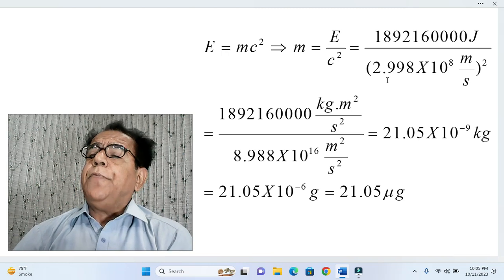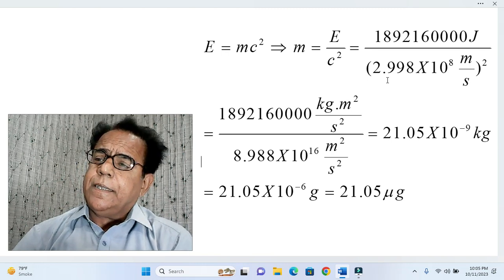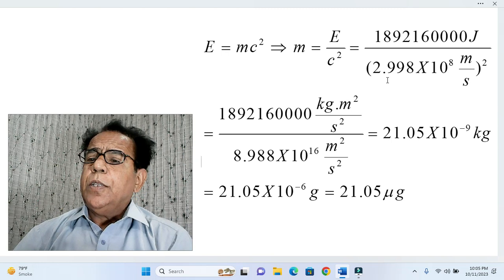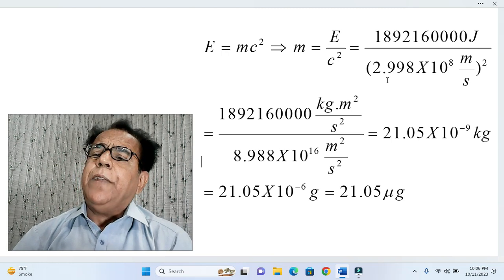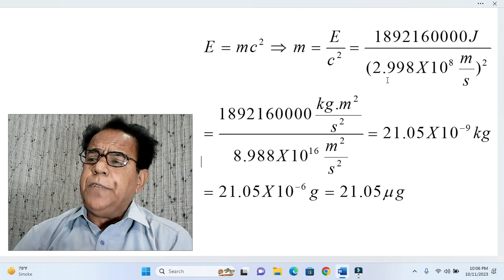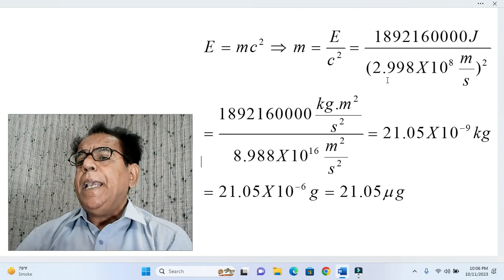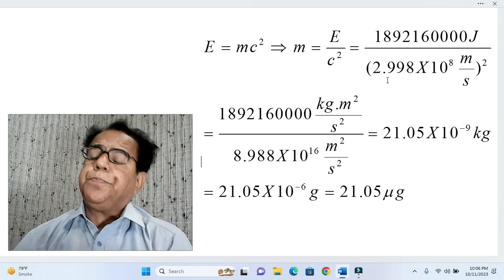We know that 1 joule is equal to kilogram meter square per second square. We have simply replaced joule by its equivalent units. The benefit of this conversion is that meter square per second square will cancel from numerator and denominator, and our simplified answer becomes 21.05 into 10 raised to the power minus 3 kg.